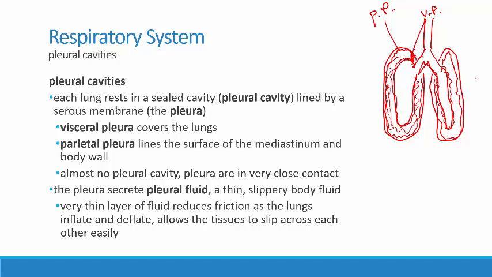This layer helps to reduce friction as the lungs inflate and deflate, so that as the lungs get larger and the tissues of the chest cavity wall and the lungs are sliding past each other, everything goes smoothly. There are no hitches or catches or any scraping that could potentially happen.